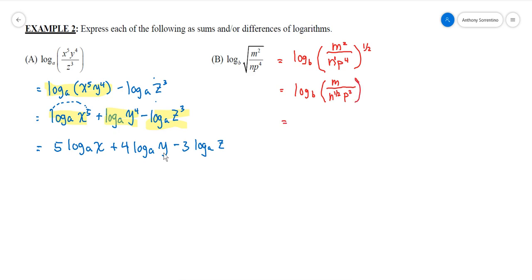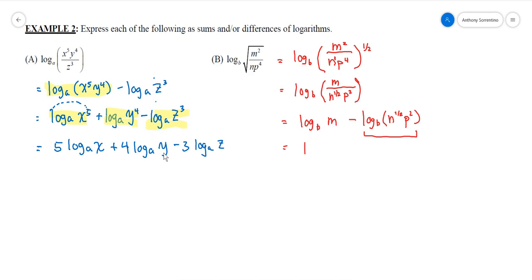Again, I have a quotient, so I can rewrite this as the log base b of m minus the log base b of n to the 1/2 times p squared. And here's why I have to be careful a little bit with this, because this logarithm is going to become a sum, but this sum is being multiplied by a -1.